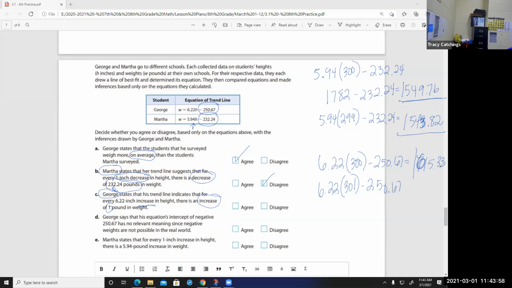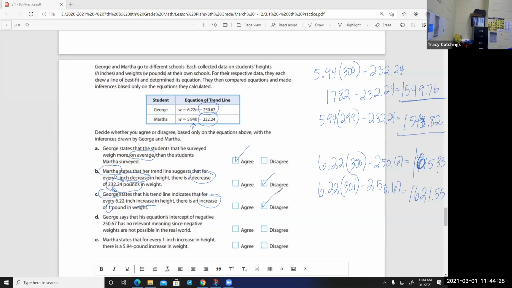So then multiply 6.22 times 301. Take away 250.67. So they said as we increase in height, we increase a pound. So if I went from 1,615 to 1,621, did I increase by 1?